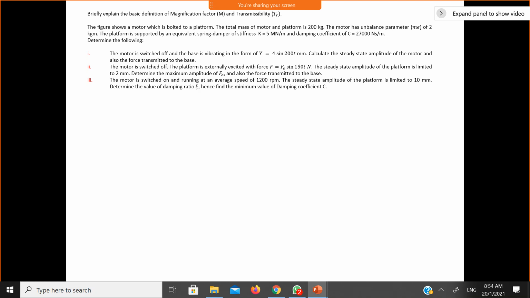So macam mana nak jawab soalan 3? Kita nak kena dapatkan apa tu? The steady state amplitude of the platform is limited to 10 mm. Determine the value of damping ratio.